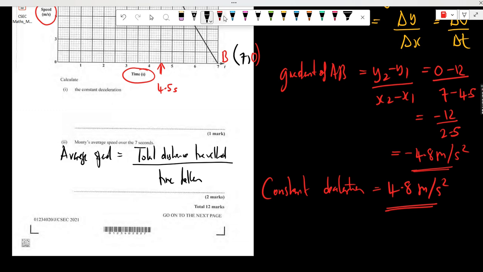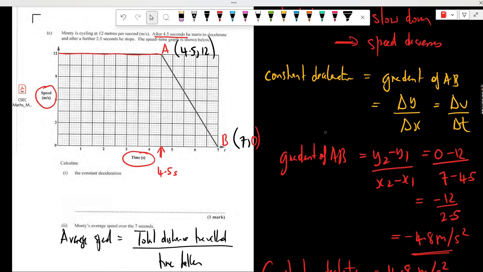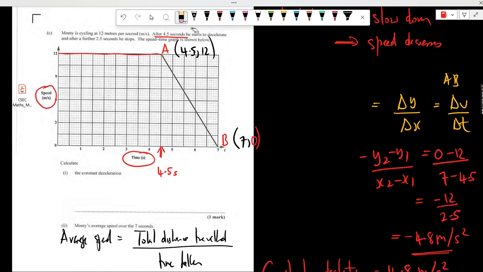But how do you find the total distance traveled? The total distance traveled is going to be equal to the area under the graph. Now, what type of shape is this? Can anybody identify the shape?